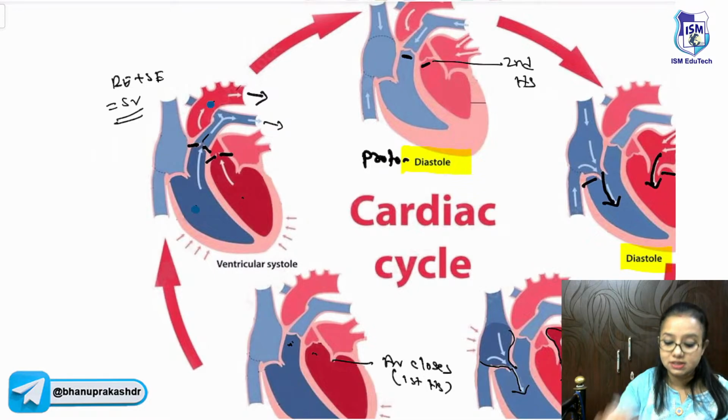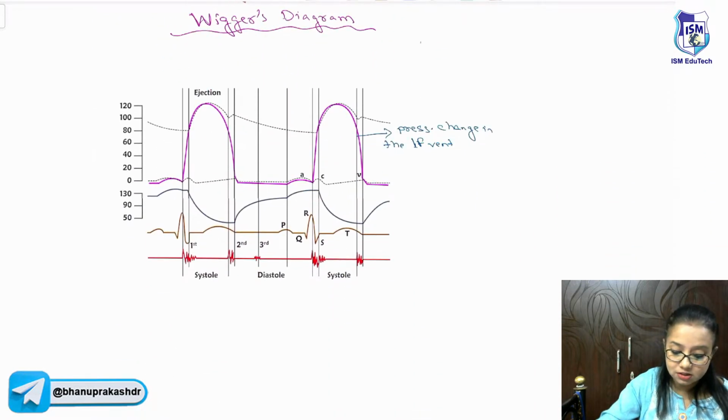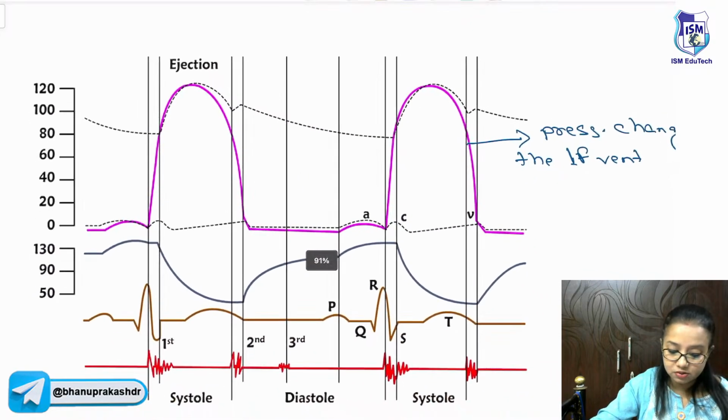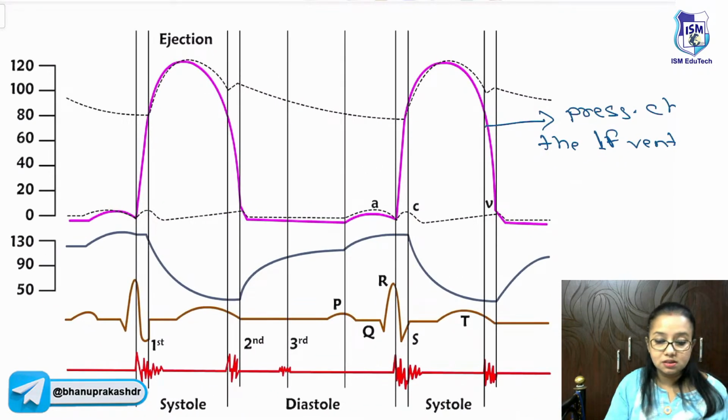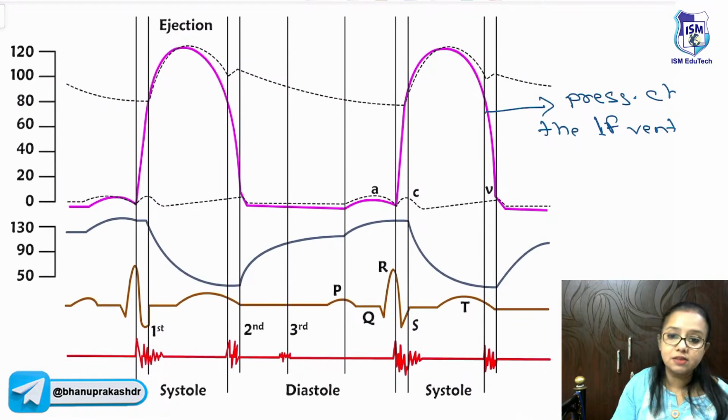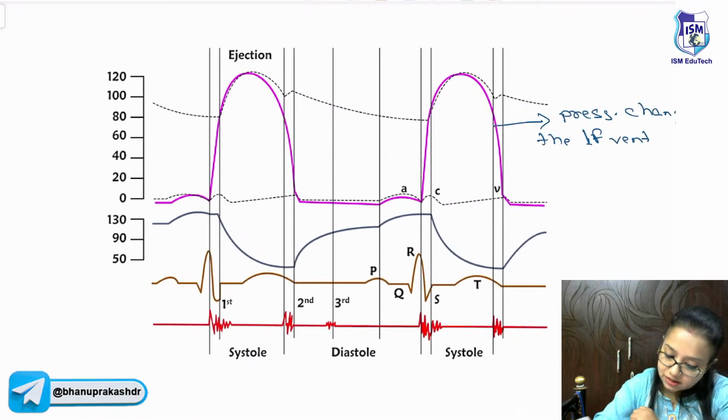So obviously the size of the graph will be bigger. Therefore, it is easy for us to study the graph on the left side because the size will be big. Only for that reason, nothing else. So this pink one is the pressure change in the left ventricle.